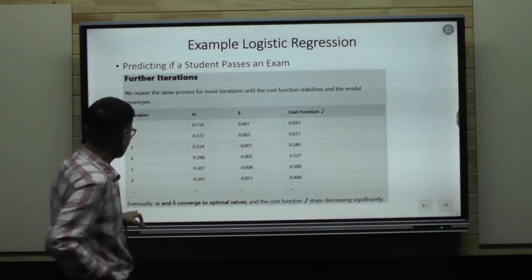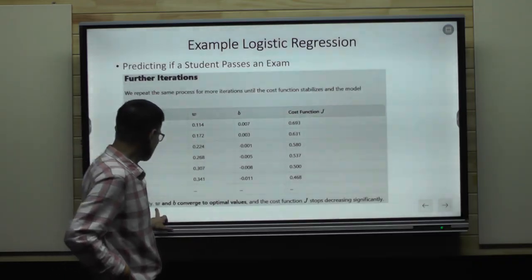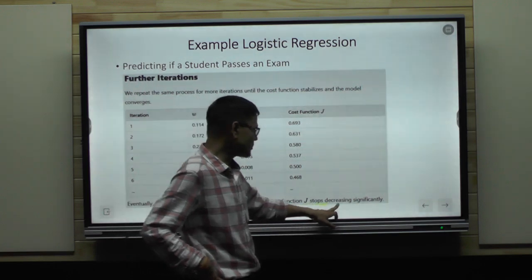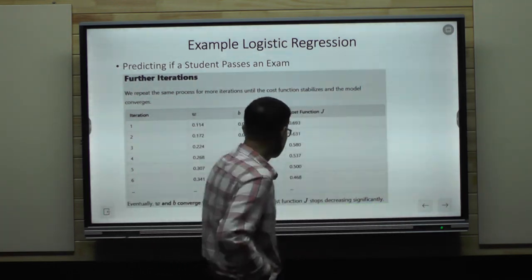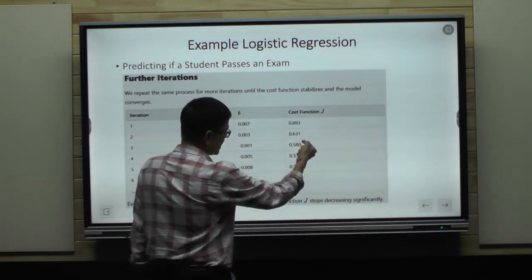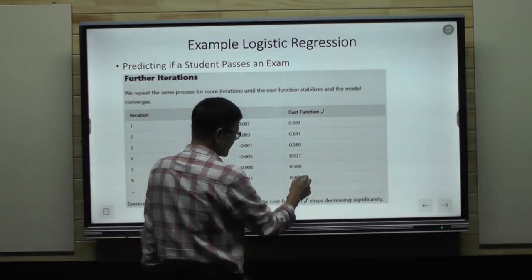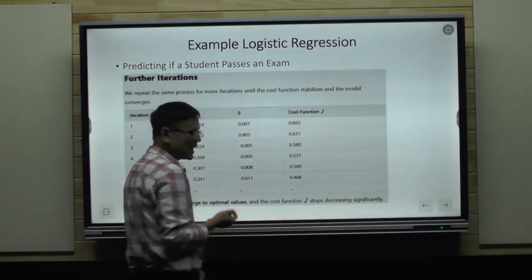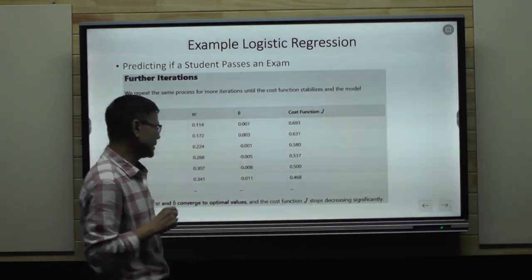The stopping criterion is convergence: when W and B converge to optimal values, the cost function stops decreasing significantly. You see that the cost is decreasing at every step, so there would be hardly any change in the cost. That becomes the stopping criterion.